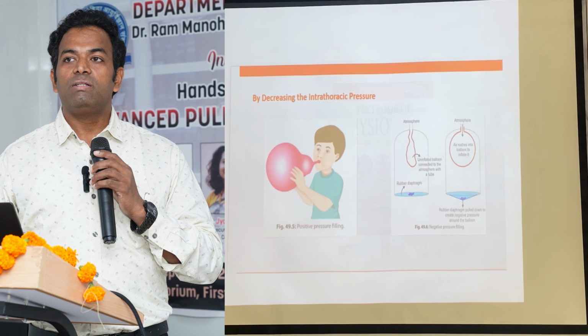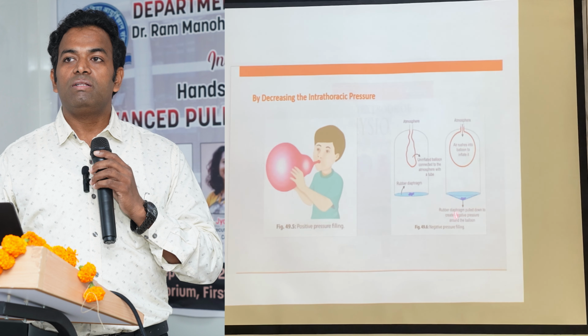Another is by decreasing the intrathoracic pressure. Usually, if a balloon is taken and you blow air inside the balloon, that is positive pressure: you are giving the blow from outside and air moves inside. This is positive pressure filling. Whereas in our lungs, this is done by negative pressure filling. It is like a closed chamber with a balloon attached and a rubber diaphragm.